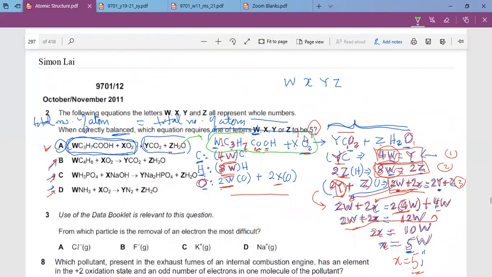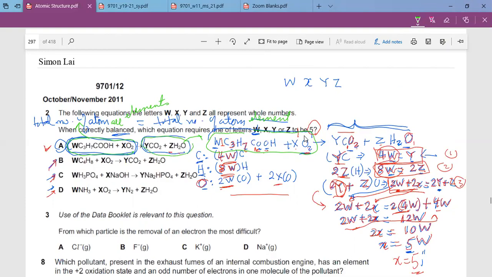The total number of atoms of all the elements must equal the total number of atoms of all the elements in the products. That's the whole idea.